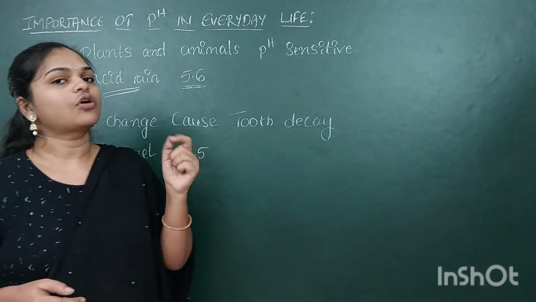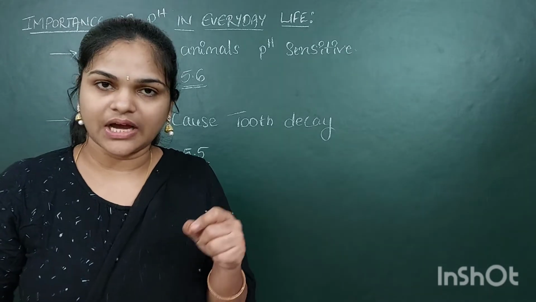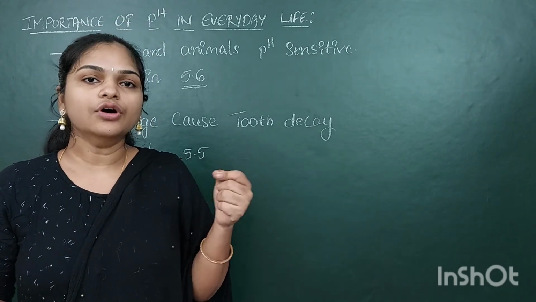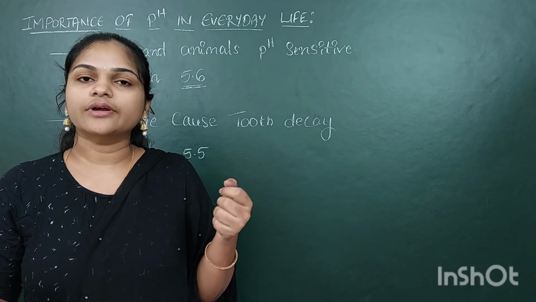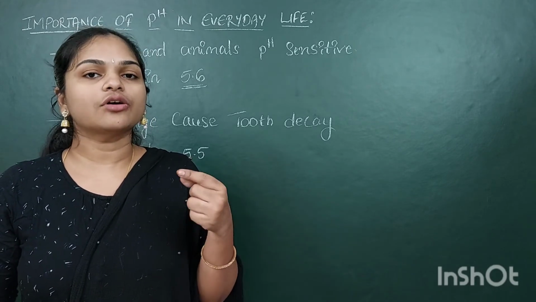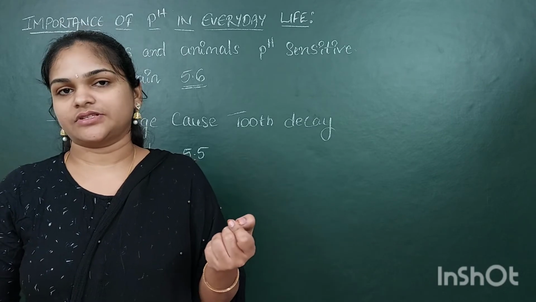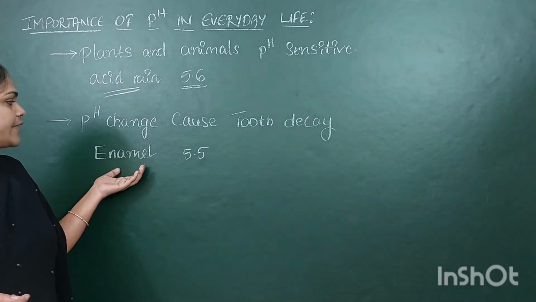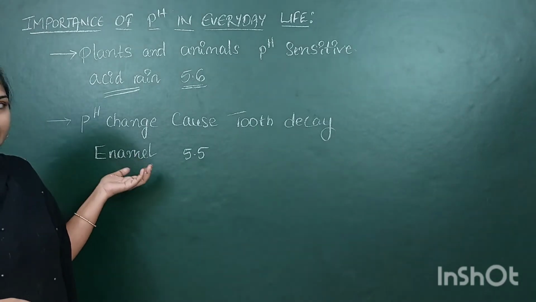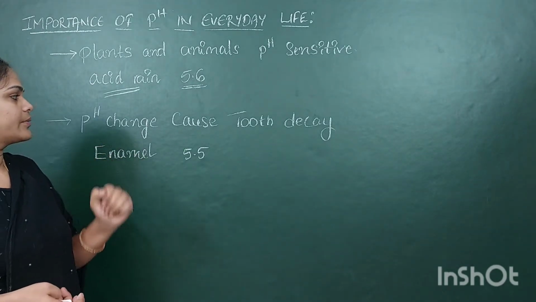Not only washing our mouth after eating, but we also have to brush properly with our toothpaste. These are the precautions we have to take to avoid damage to the enamel.